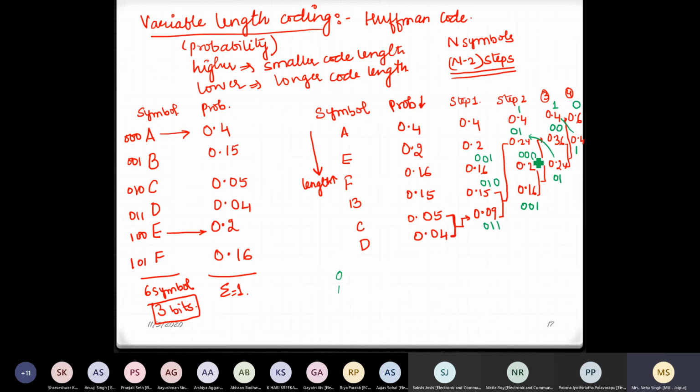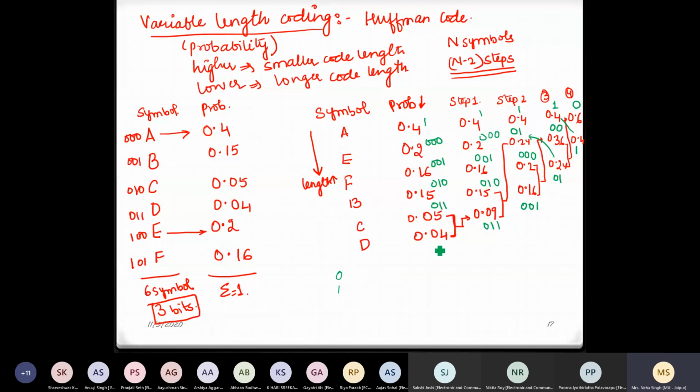The code for 0.2 was 000, so I keep it as 000. The code for 0.4 was 1, so I keep it as 1. Backtrace again. The code for 0.4 is 1, for 0.2 it is 000, for 0.16 it is 001, and this is 010, and I propagate this backward. 0.09 is the sum of these two probabilities.